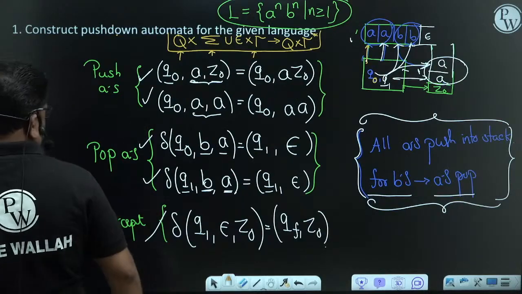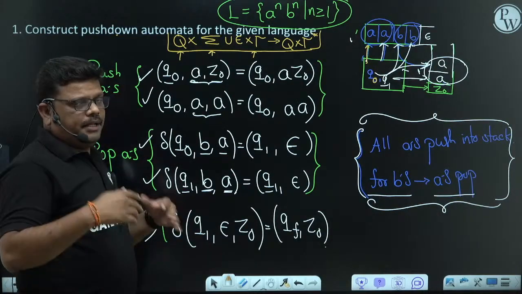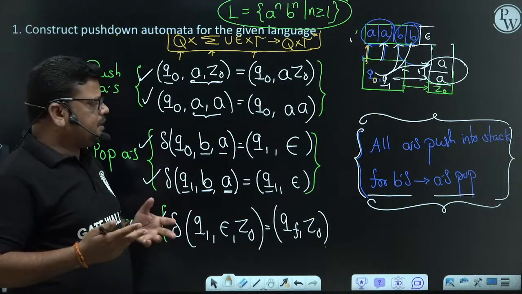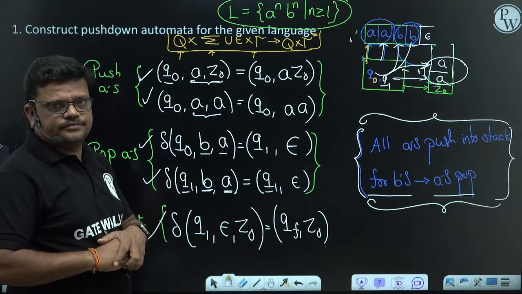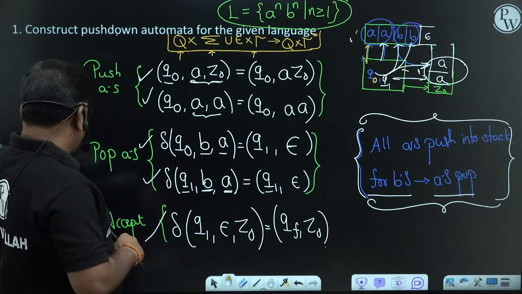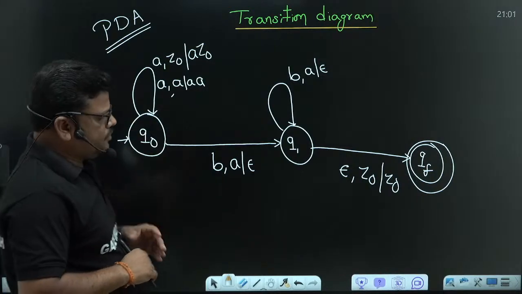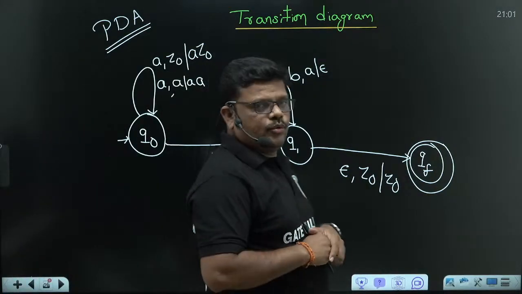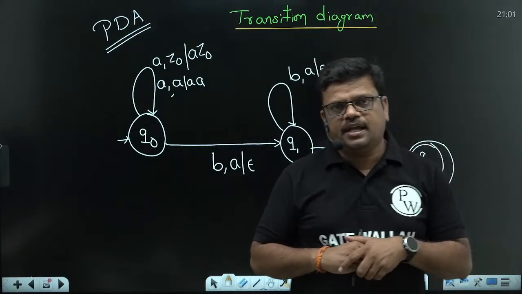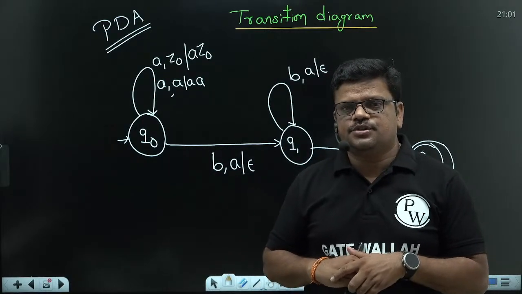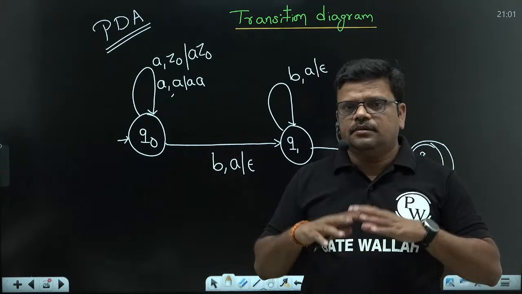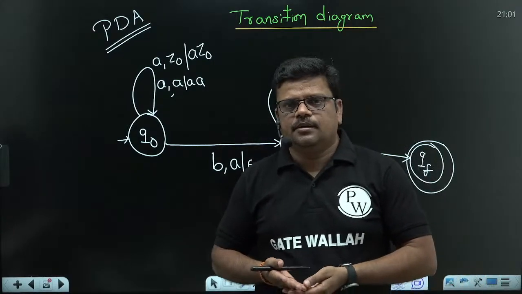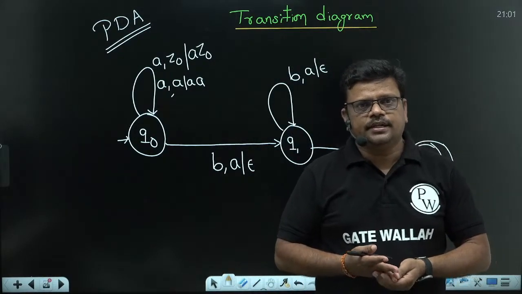So we need to have both. Sometimes in the GATE papers, the pushdown automata can be given by this notation, and sometimes by that notation. That's why you need to practice both. For a given language, the way of constructing pushdown automata by the diagram method and by the transition method, you have to be perfect in both methods. Okay.